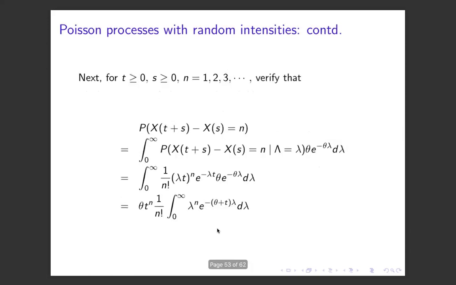All right. Now let us look at integers greater than or equal to 1. So going similarly, the probability that X_{t+s} minus X_s equals n can be written as the integral from 0 to infinity of the probability that X_{t+s} minus X_s equals n, given capital Lambda equal to little lambda, and then you integrate with respect to the exponential density with parameter theta.